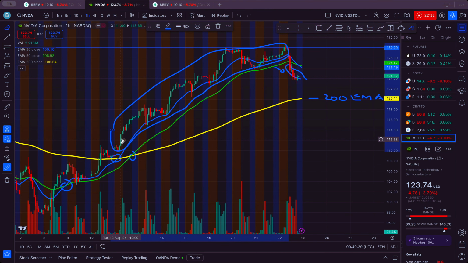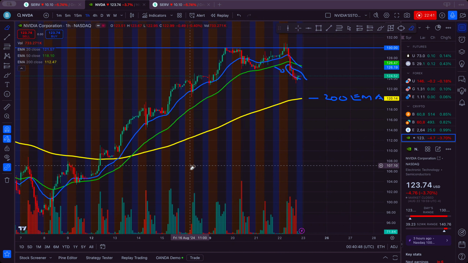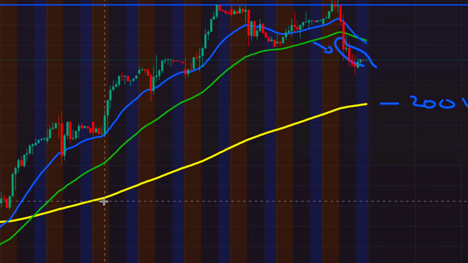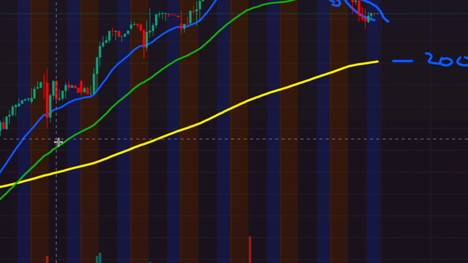So now let's remove this here, and finally let's discuss trend strength. Let me remove this so we can clean this up. Now here you can see that there is a space between the 20, 50, and 200. I mean, there is a gap between them over here.